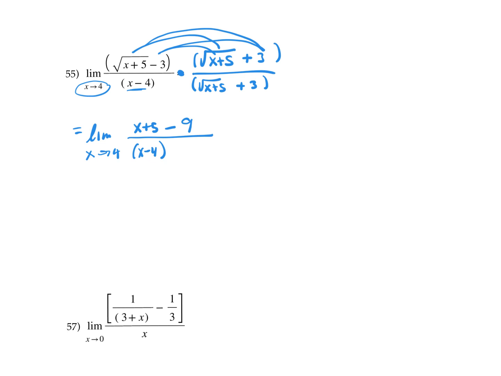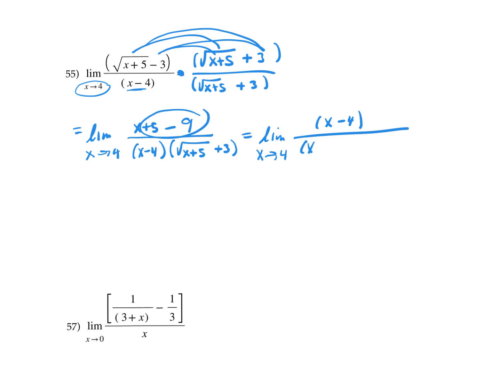Okay, in the denominator, don't distribute. Keep it as x minus 4 in parentheses times the square root of x plus 5 plus 3 in its own set of parentheses. So the limit as x approaches 4 of x minus 4 in the numerator once we combine like terms, all over x minus 4 times the square root of x plus 5 plus 3.